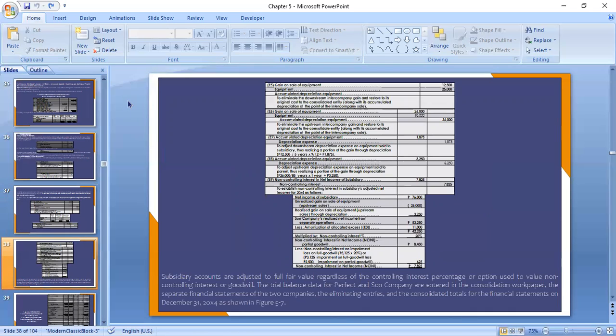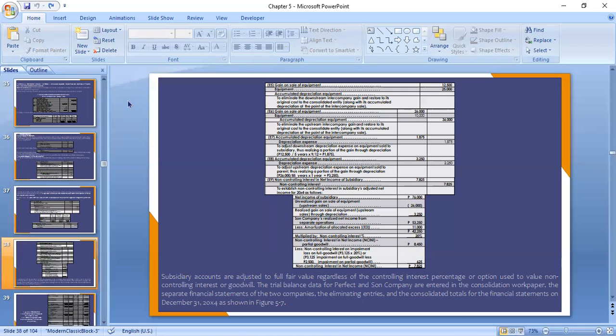We have now the entry to close gain on sale of equipment. We have to close intercompany reciprocal accounts. So debit equipment, and credit accumulated depreciation of equipment, to eliminate the downstream intercompany gain, and at the same time restore to its original cost to the consolidated entity, along with accumulated depreciation at the point of the intercompany sale.